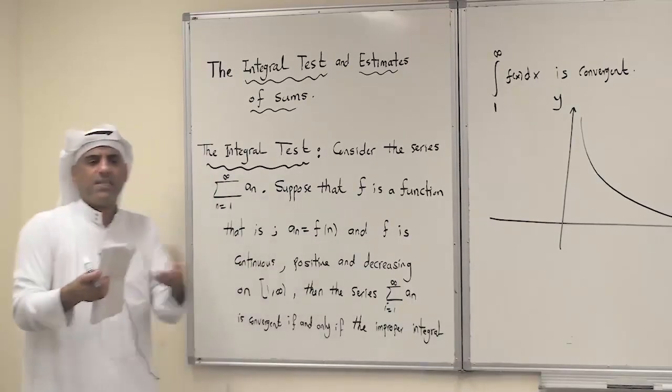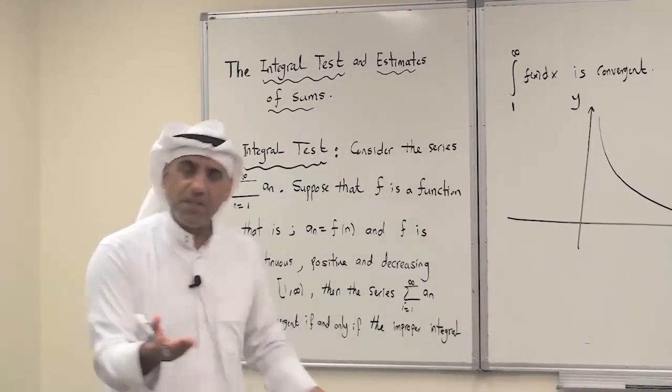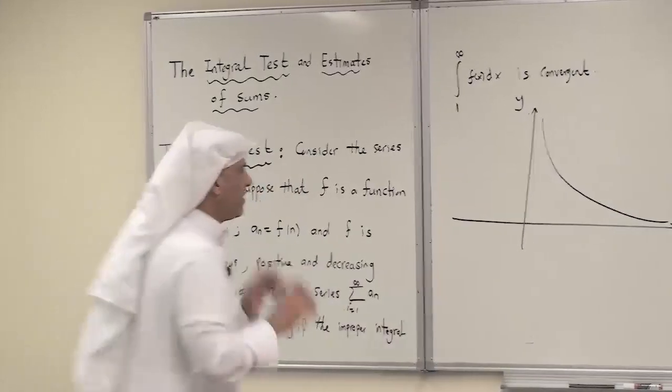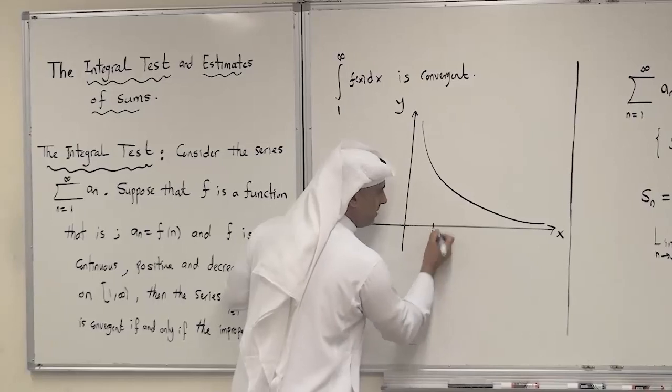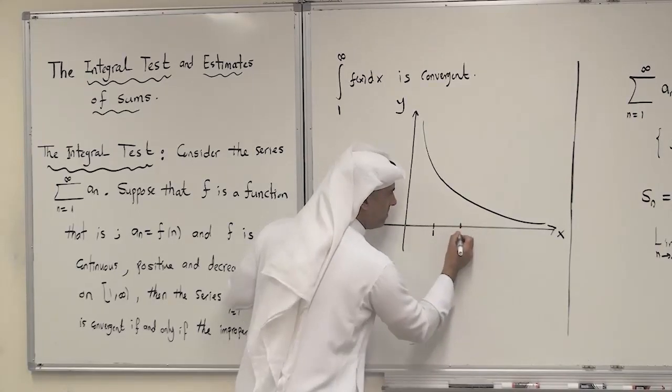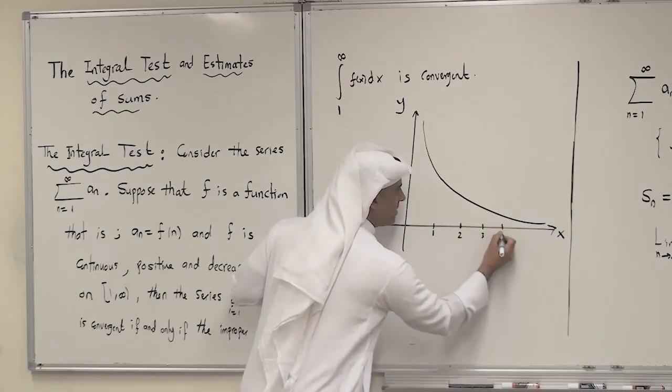So what is the relationship between the improper integral and the series itself? Let's come to 1 here, partitioning this into 1, 2, 3, 4, etc.